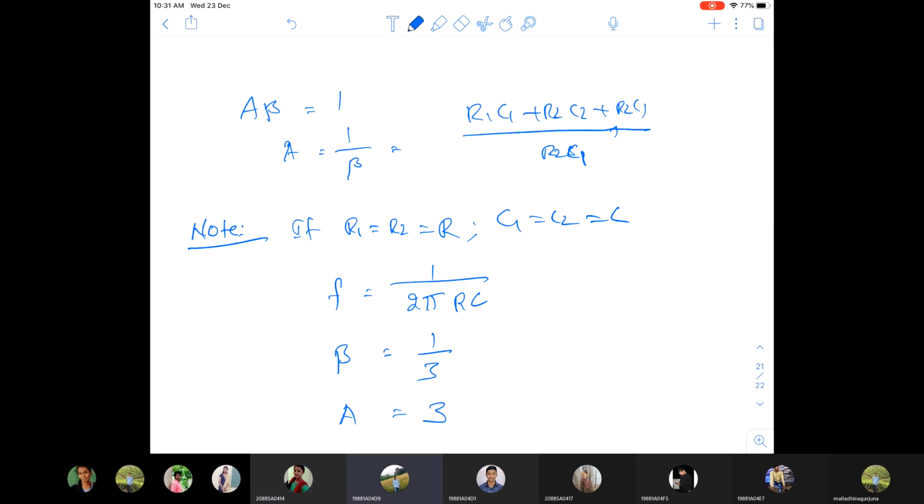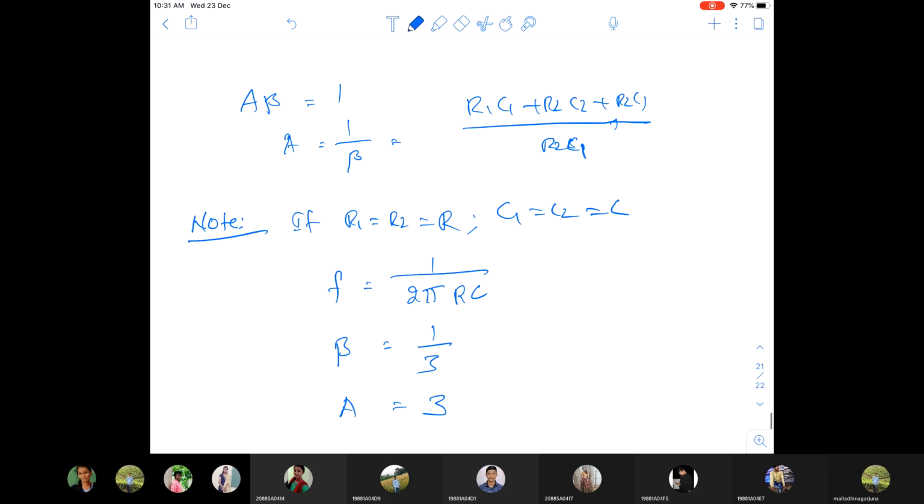And the A value? A value is 3, beta value is 1 by 3. So if all are equal, A value is 3 and beta is 1 by 3.